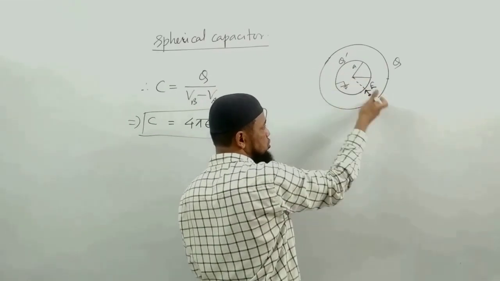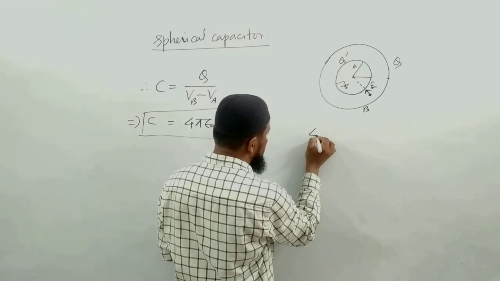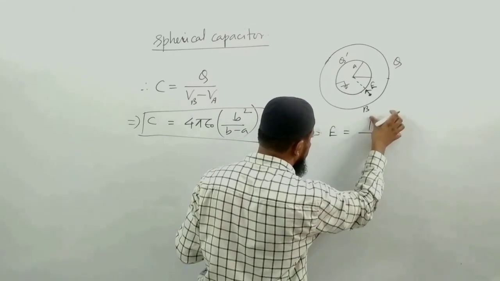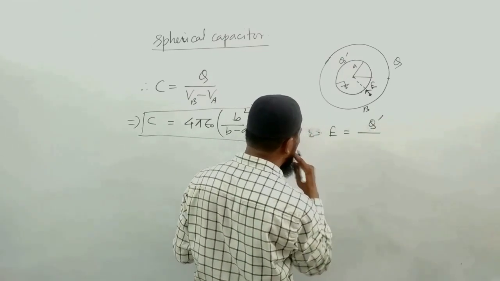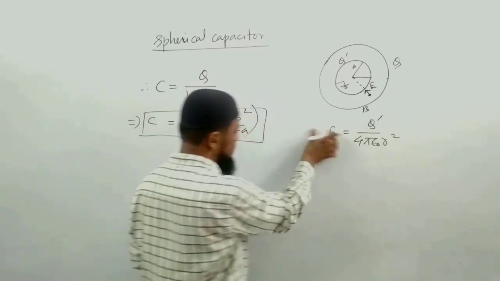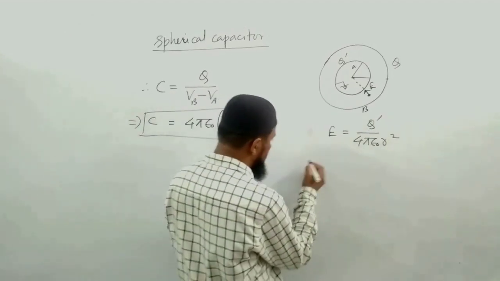Because of the outer charge, there will be no field here. Because of the inner charge, the electric field will be towards it because this is negative. So electric field at that particular point will be Q dash divided by 4 pi epsilon naught R square.